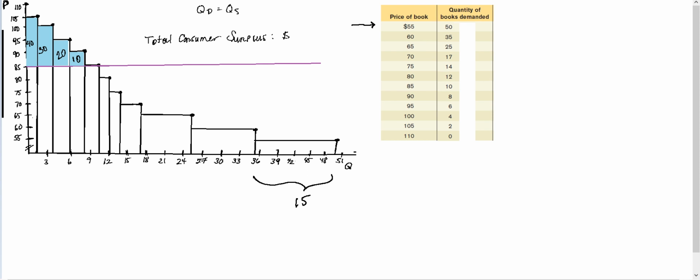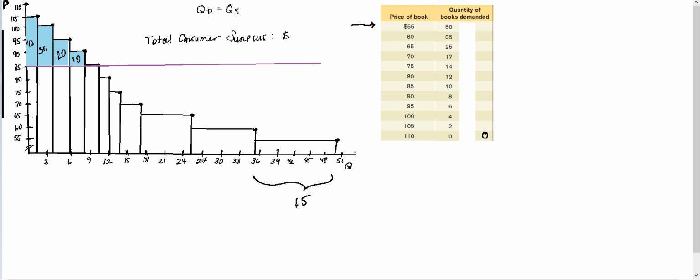So we start at 0. Then we see that when the price drops from $110 to $105, we have 2 more people come to the market. Now, where is that represented in our graph? It's represented in the width of the first bar right here.